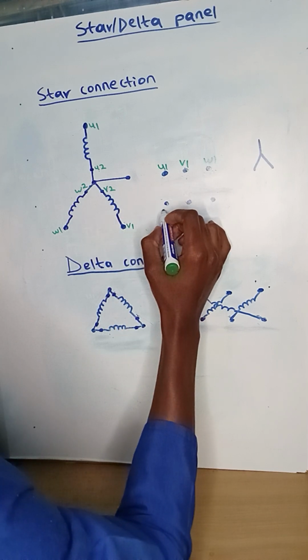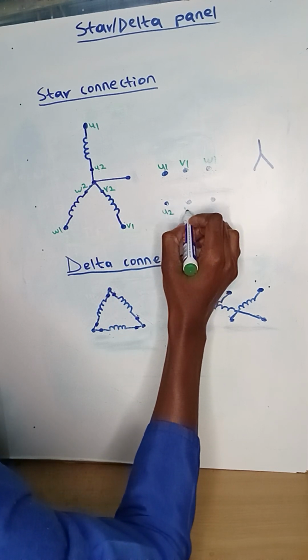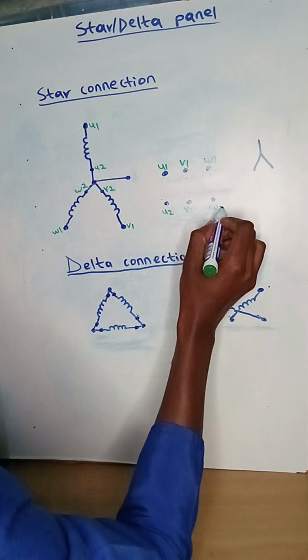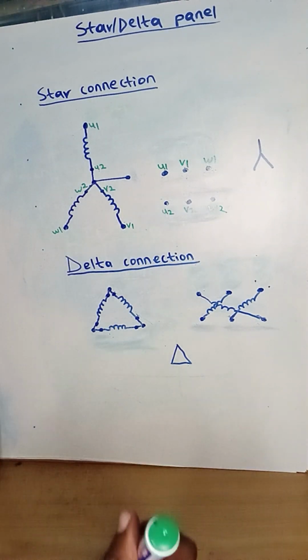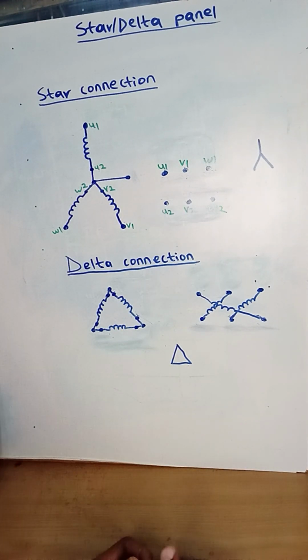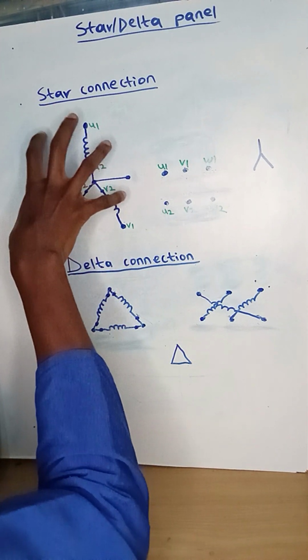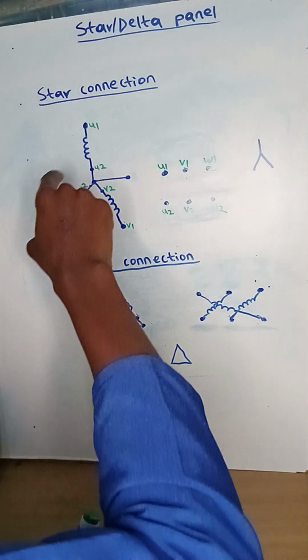Right. And from here we'll have U2, V2, W2. Right. Now I'm done. So I'll go back to this sketch right here.